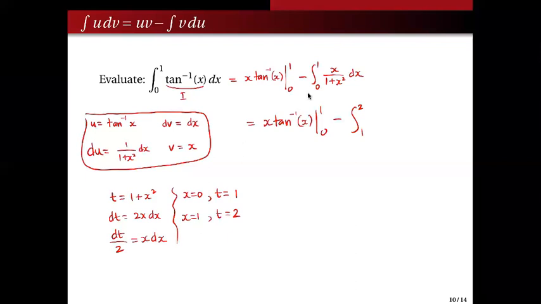And then I have x dx in here, that will become dt over 2. Okay? And then I have 1 over 1 plus x squared. t equals 1 plus x squared, so this is just 1 over t.